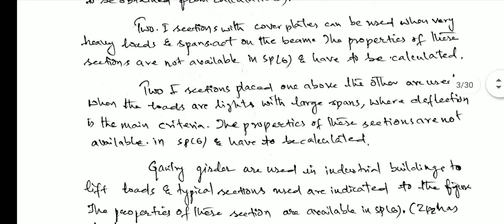Two I sections placed one above the other are used when the loads are light and the span is large, where deflection is the main criterion. The properties of this section are also not available in SP 6; we have to calculate both I sections.